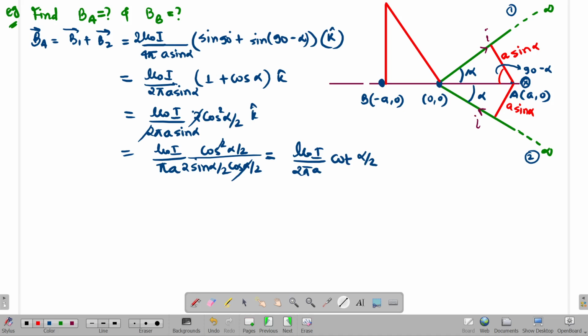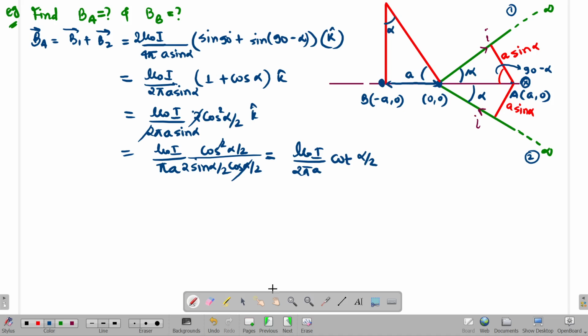Now this length is A. From here to here, this particular length is A, or not? This is 90. This is alpha. Then this angle is 90 minus alpha, or not?